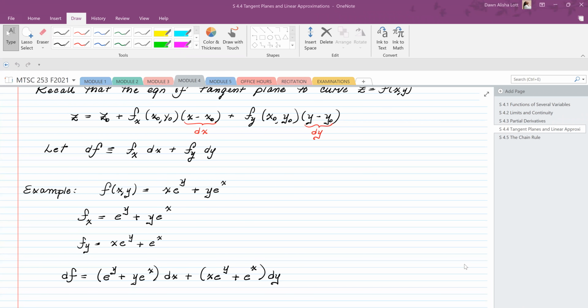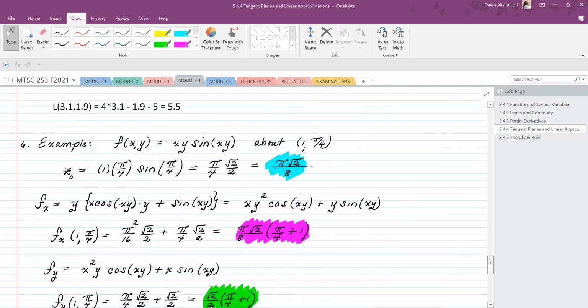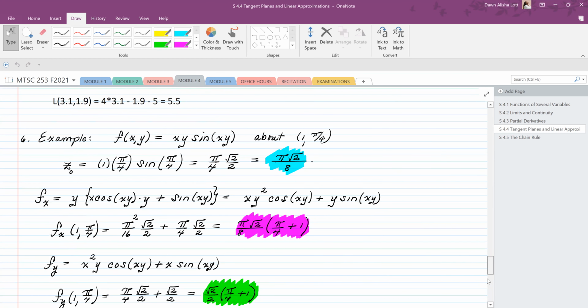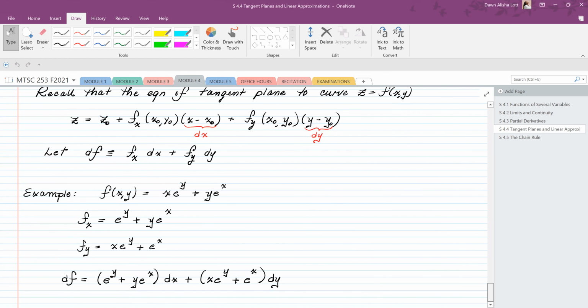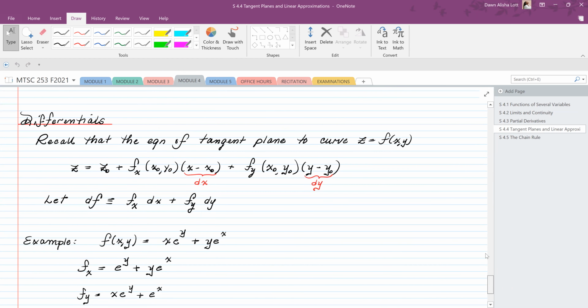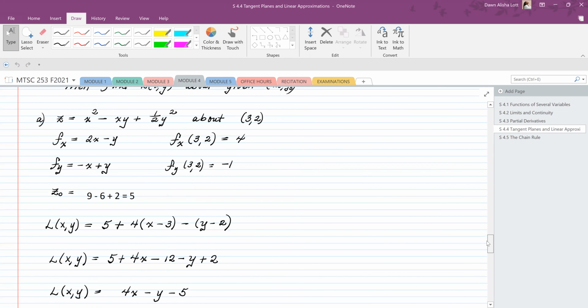Okay, so in the last lecture we were looking at differentials, which are a way of approximating a change in a particular problem. First, we calculated the differential. That's fairly easy. Now let's go back to the linearization of the problem.